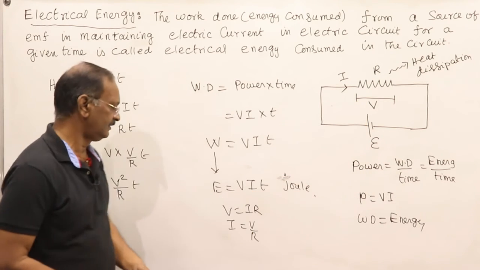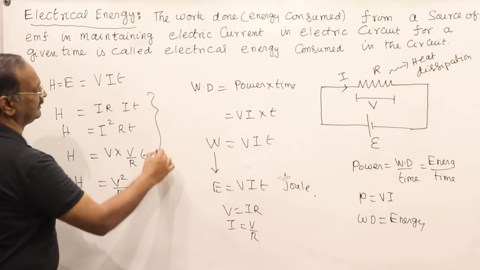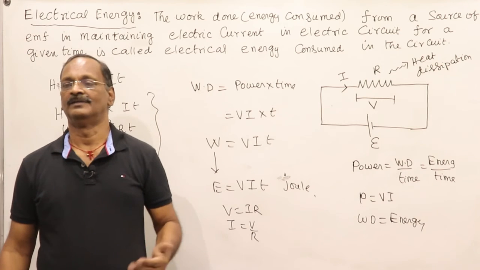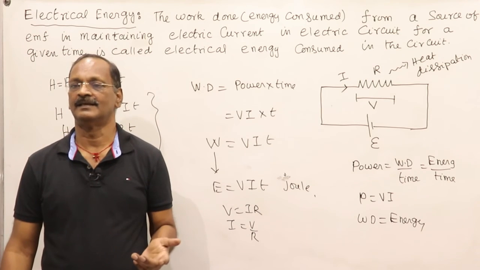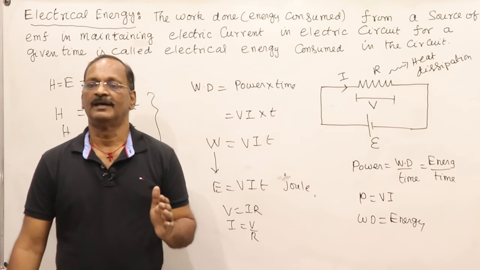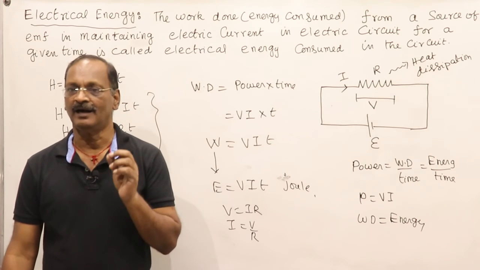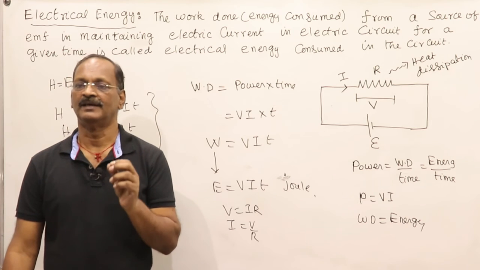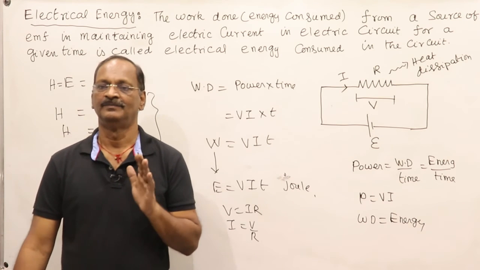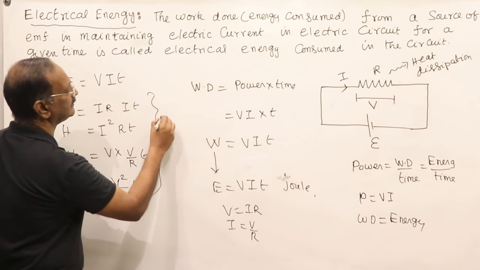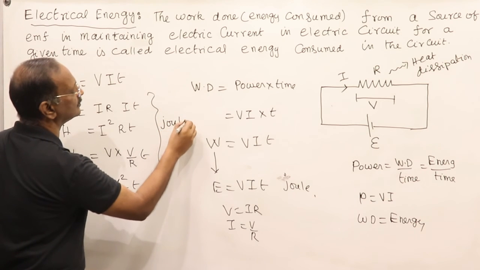So the heat energy evolved, that is dissipated in the resistor, is given by I squared RT, or V squared T divided by R, or VIT. These are the three expressions. This heat energy is in Joule.